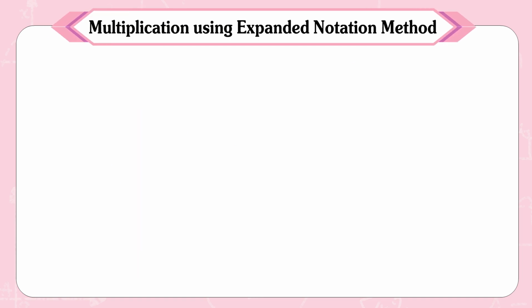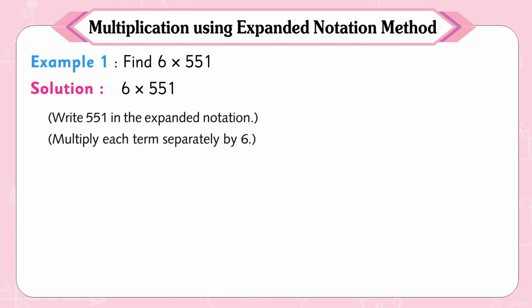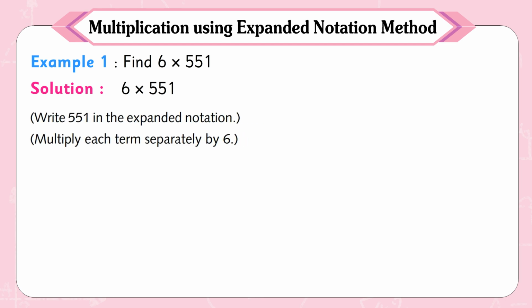Multiplication using expanded notation method. Example 1. Find 6 into 551. Solution. Write 551 in the expanded notation: 500 plus 50 plus 1.